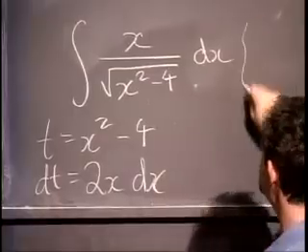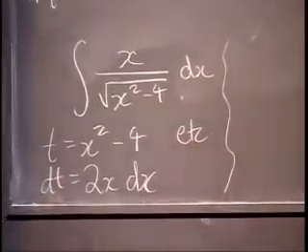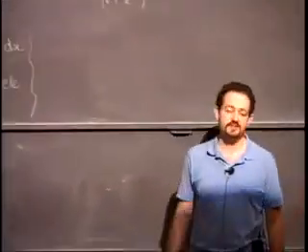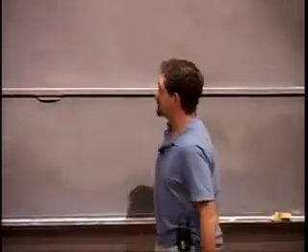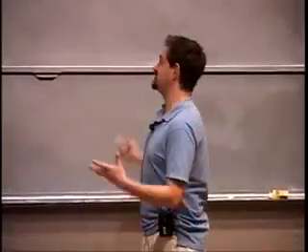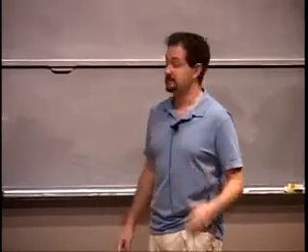I'm going to leave it at that. You'll just get 1 over root t times dt, with a half floating around as well. So that's a fairly straightforward integral. So sometimes you can avoid a trig substitution if there's a derivative floating around. Look out for that. You can save time.